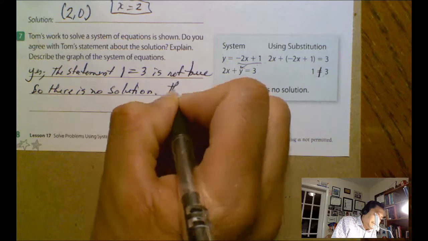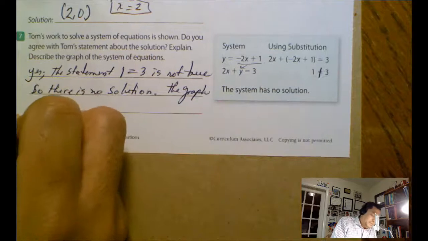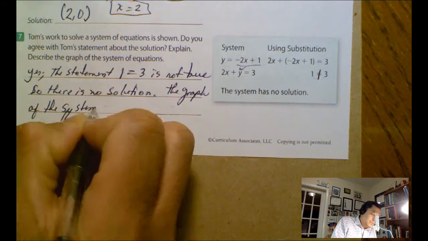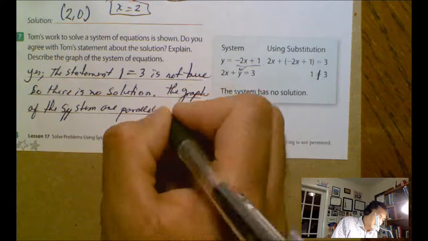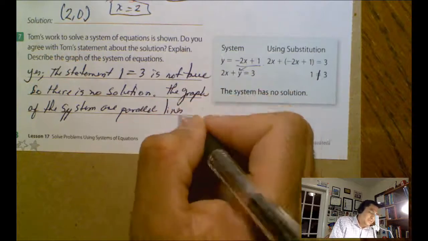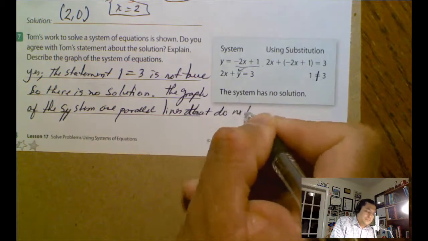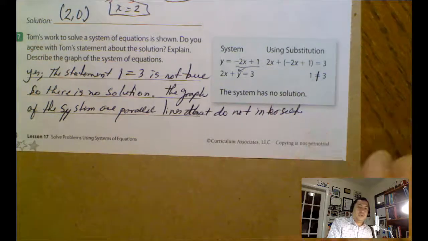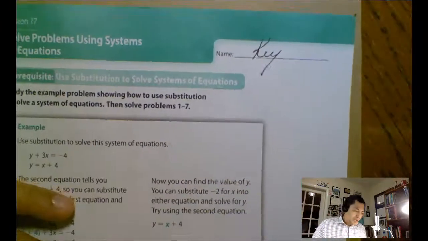The graph of the system is parallel lines that do not intersect. Okay, so those lines are never going to intersect each other. They are parallel lines, and that's the solution for pages 187 and 188. And let's move to the next one.